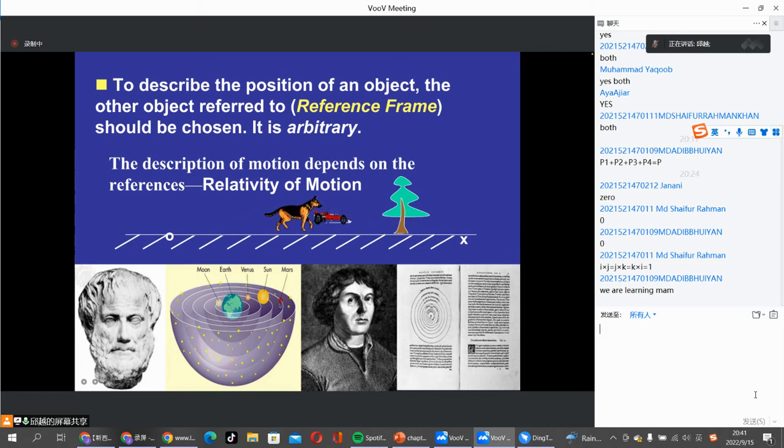Let's think, if we choose the tree as the frame of reference, we can see the dog is moving towards the x direction at a relatively small speed.